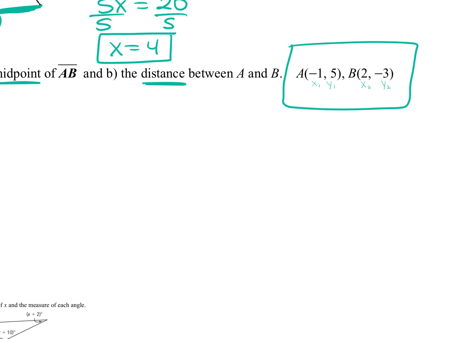Okay, so if I'm finding the midpoint, it's x1 plus x2 over 2 and y1 plus y2 over 2.